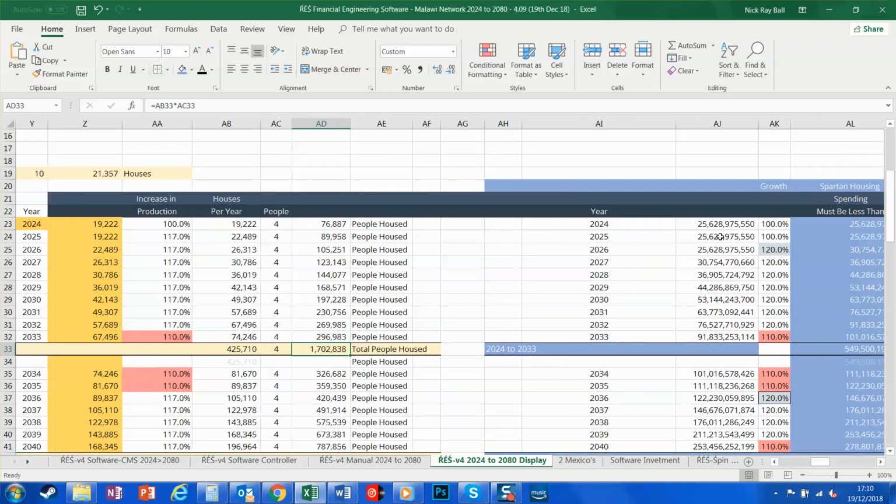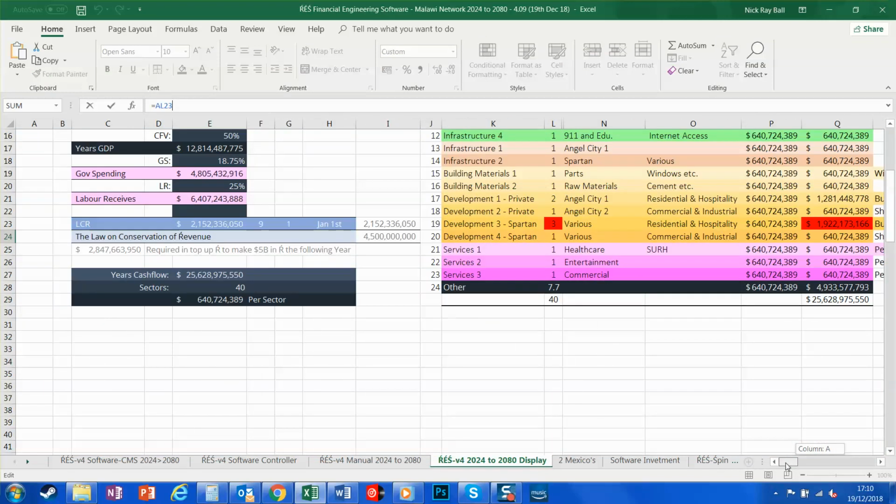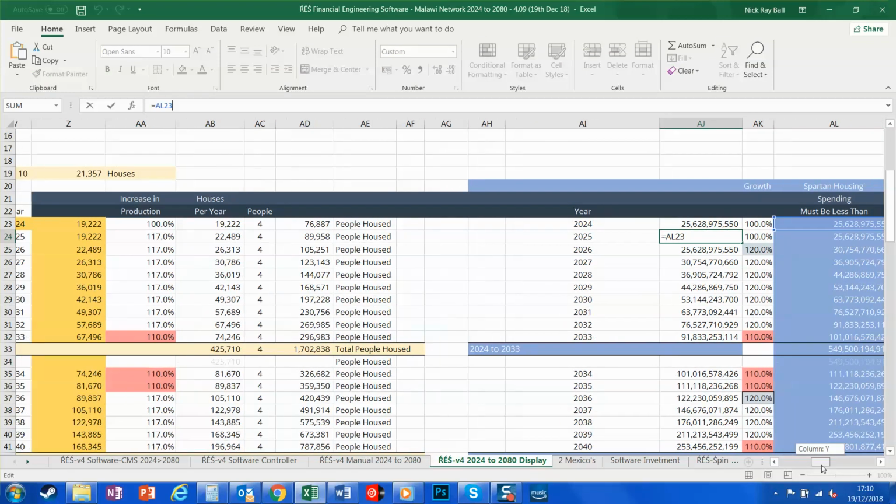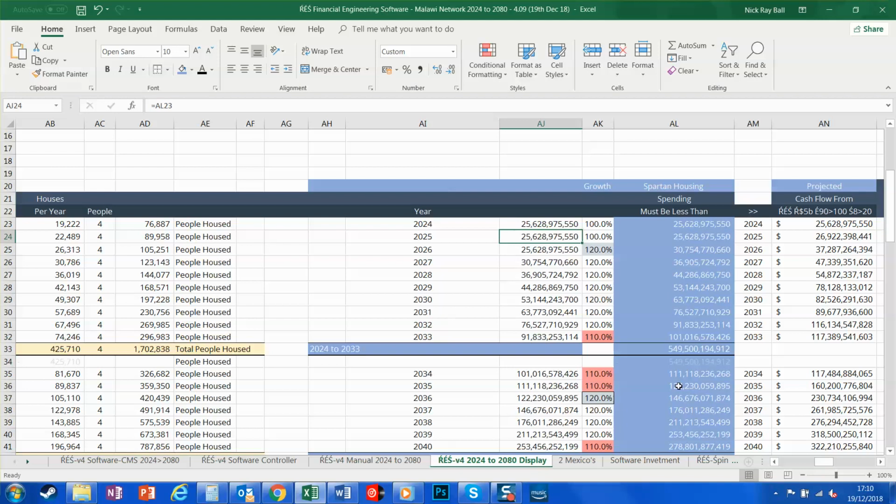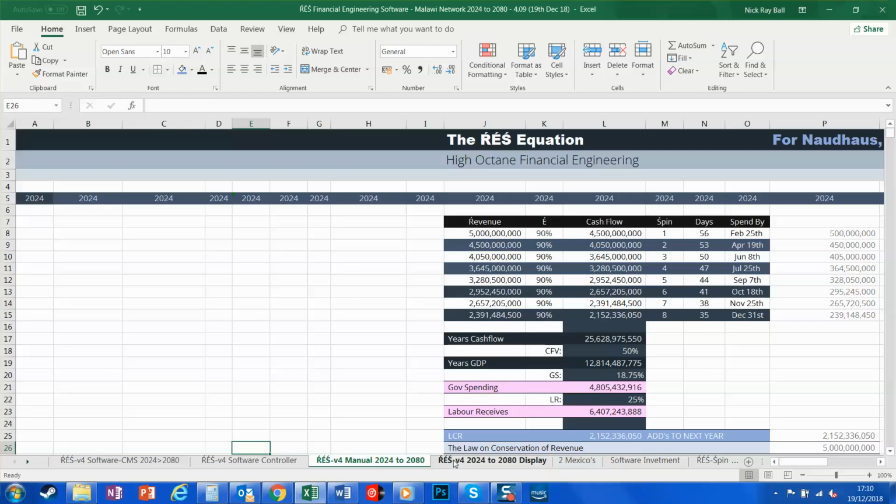Over here we start to see these figures, which are taken from the left somewhere. No, there we go, it's taken from there, which is taken from this spreadsheet.